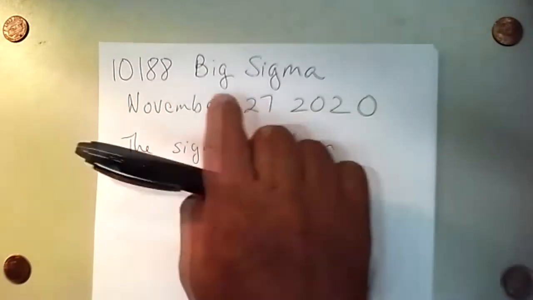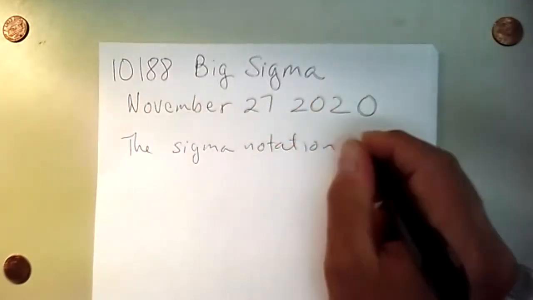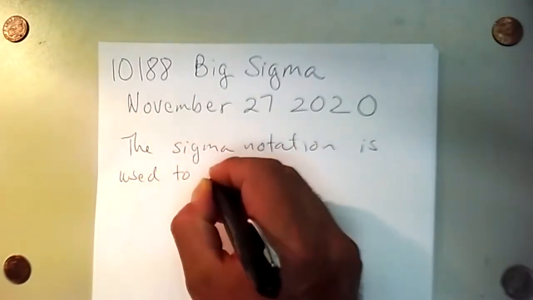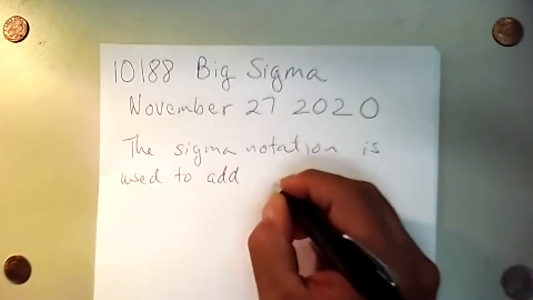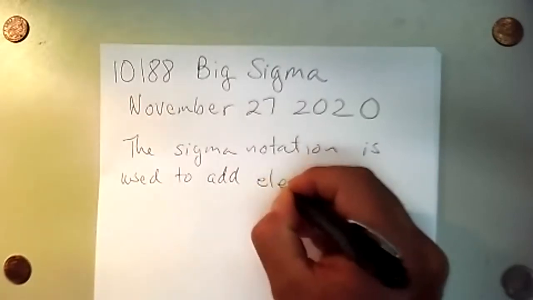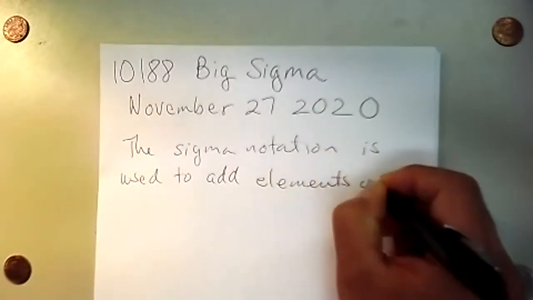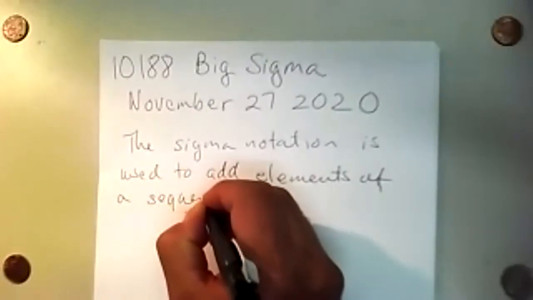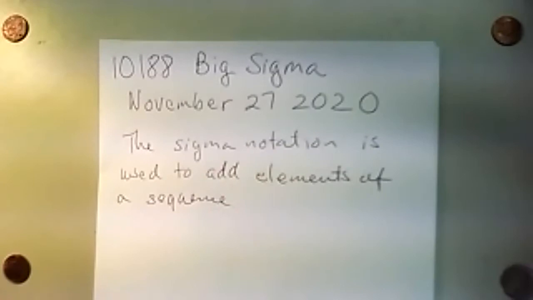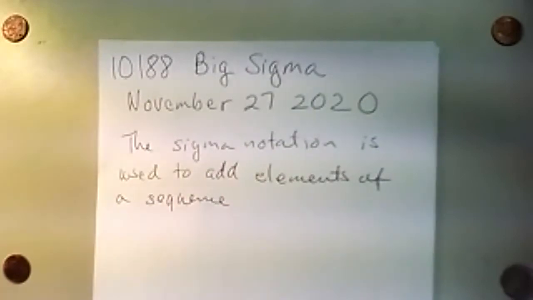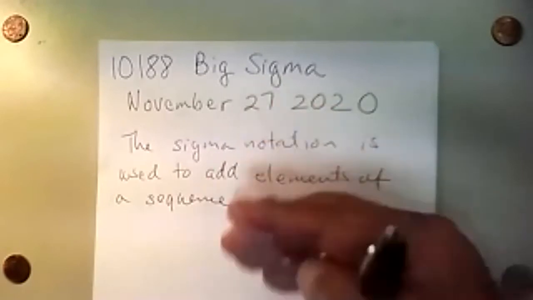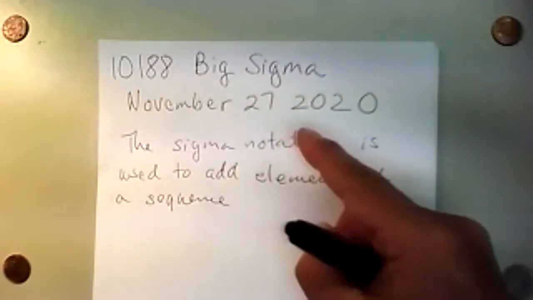The big sigma notation is used to add elements of a sequence, and we use an index that runs over the number element of the sequence.